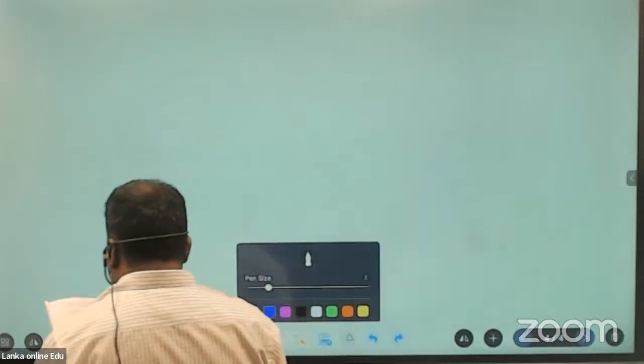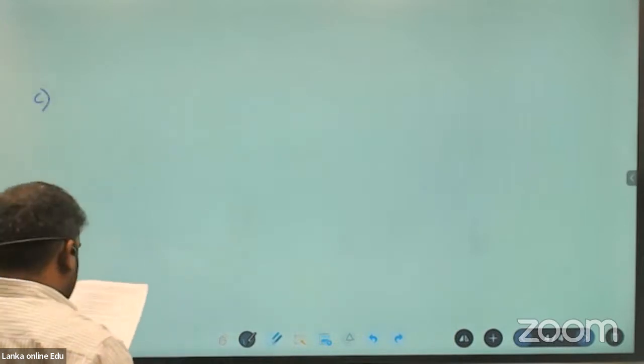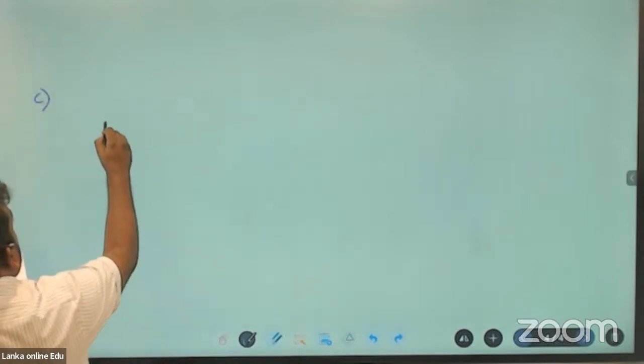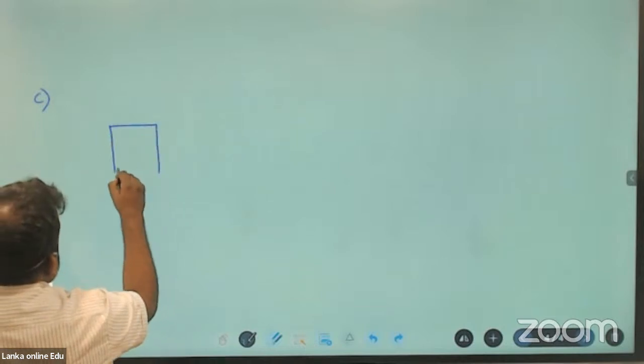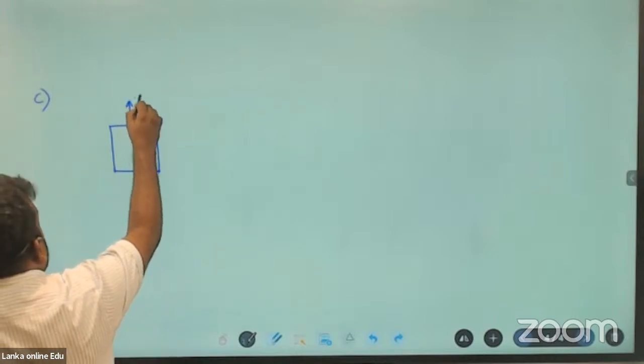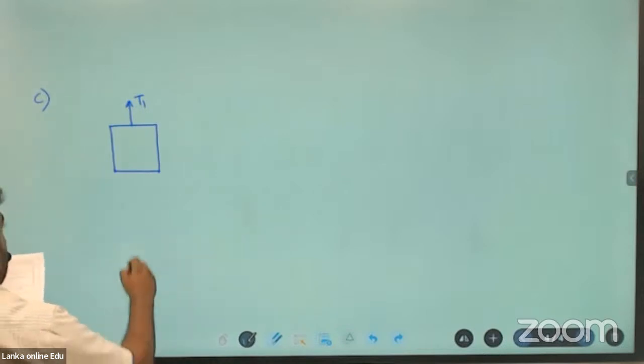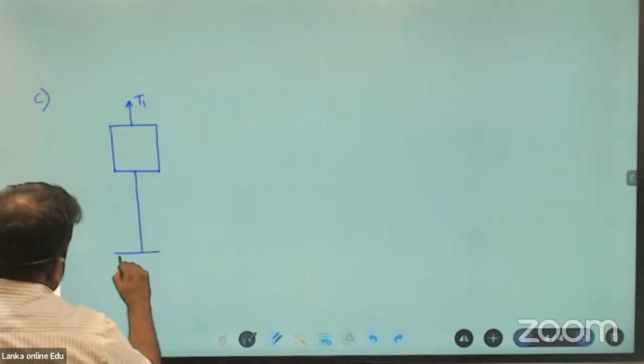Next one, part C. Here there is a mass. We are applying a tension T1. This is connected by a string to another object here.